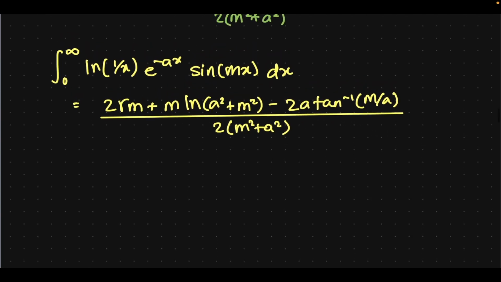Now what if I set the limit as m goes to 0 of I?